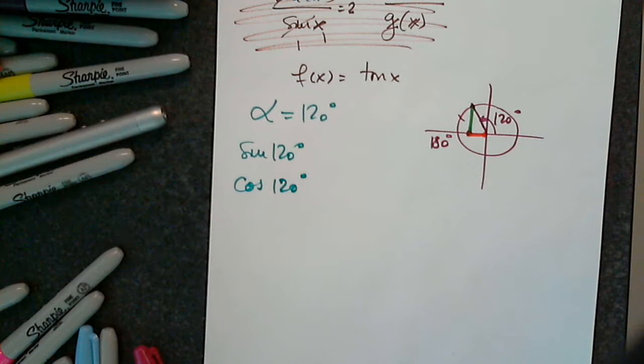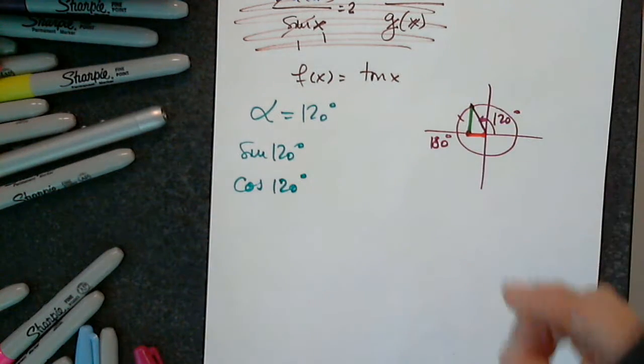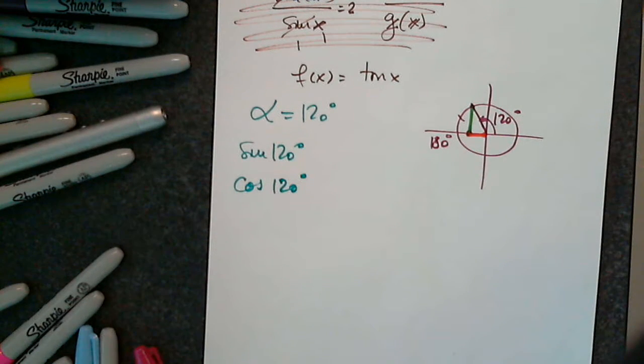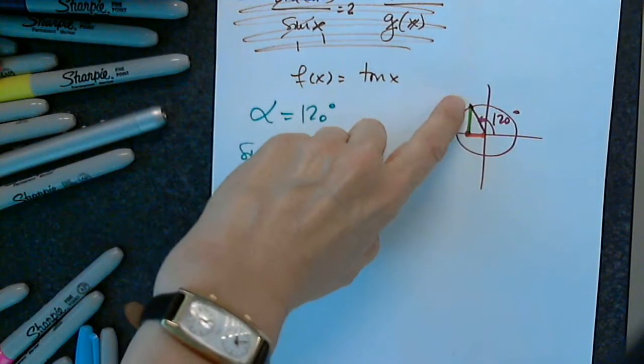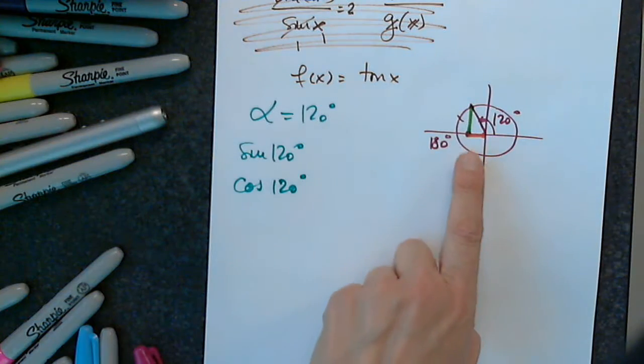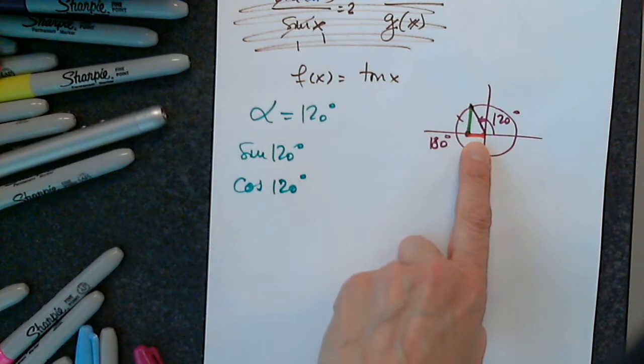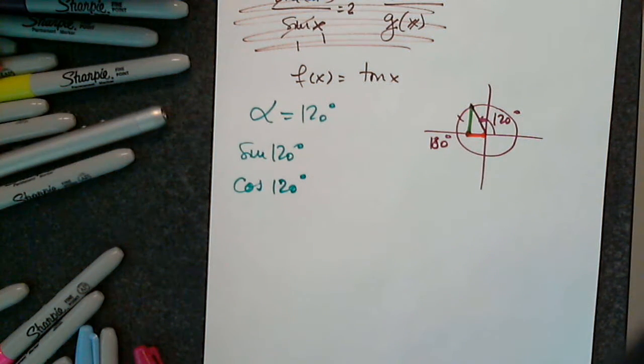Obviously, sine will be what type of number? Sine is the green. Yeah, positive, because it's measured on the y-axis. It's the height of the point, the y-coordinate of this point. So it has to be positive. What about this orange piece? Right, because it's in that direction.